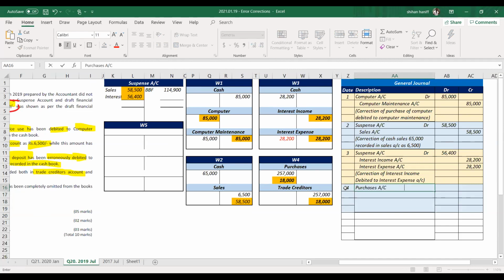Purchases account debit 18,000. Trade creditors account credit 18,000. So it's correction of credit purchases 275,000 recorded as 257,000.